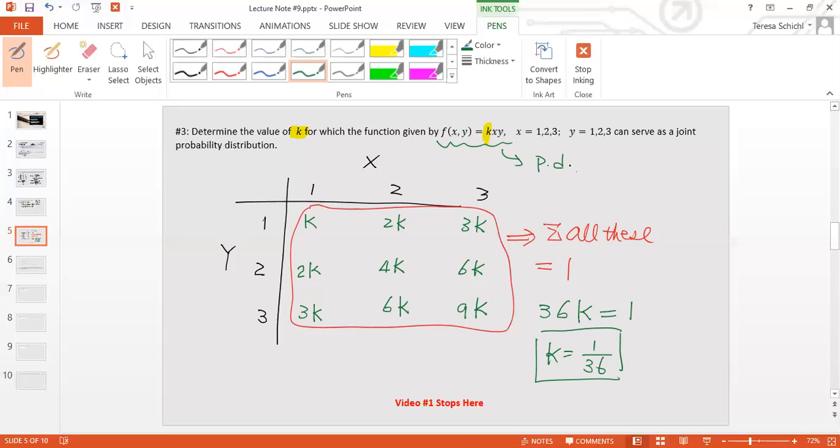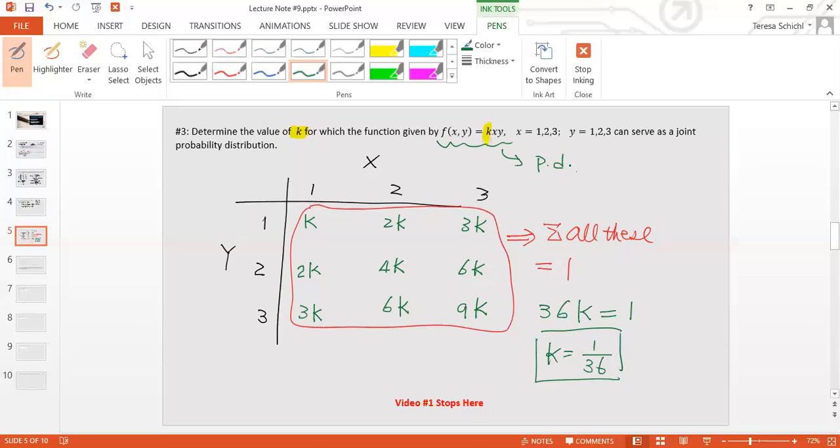Okay, that's it for video number 1. We talked about the joint probability distribution and the joint CDF for the discrete random variables when you have more than one random variable. In the same way, you can expand that to 2 or 3 or 4 random variables.